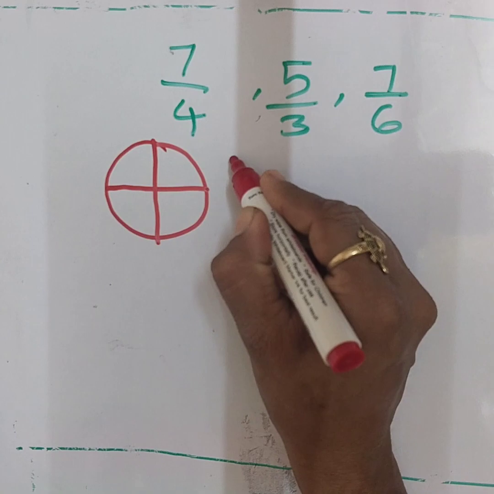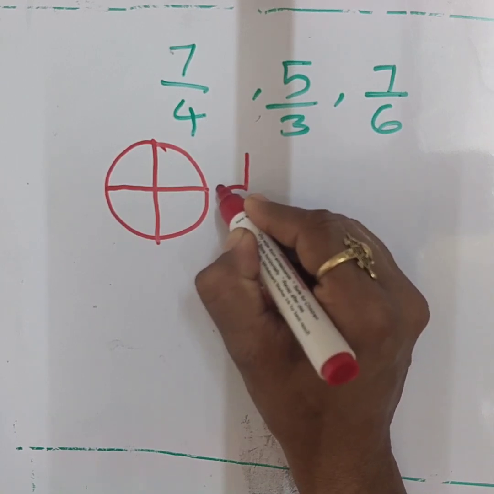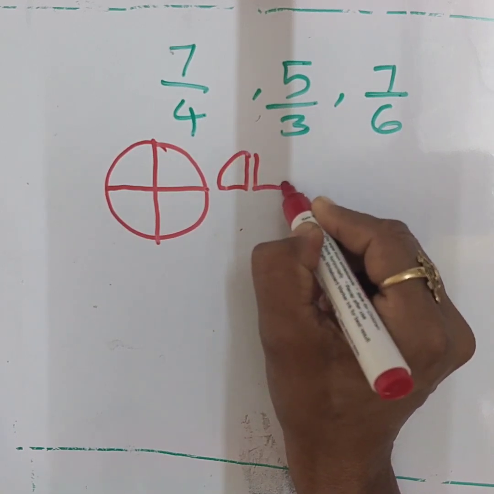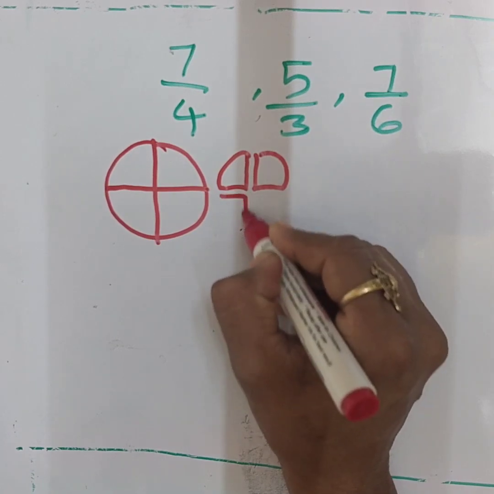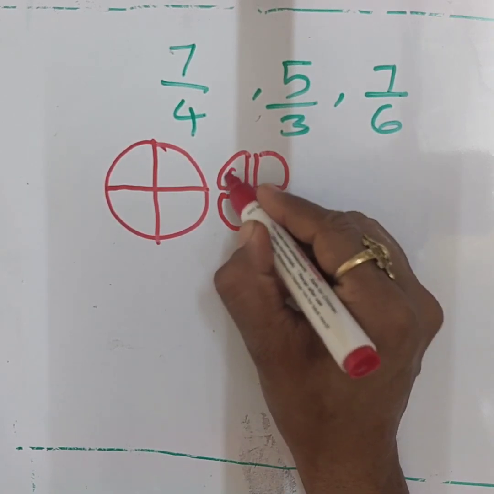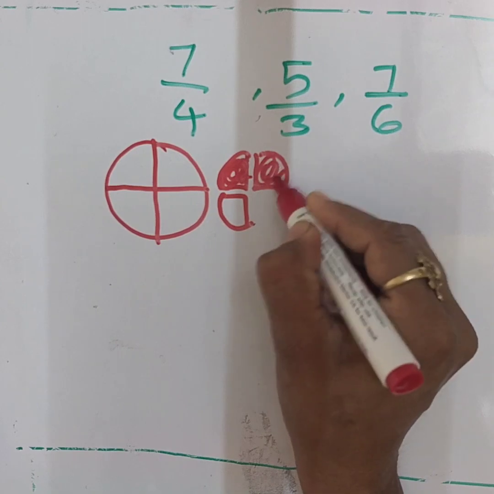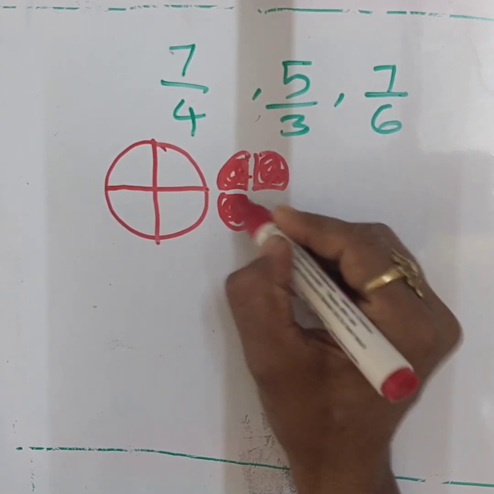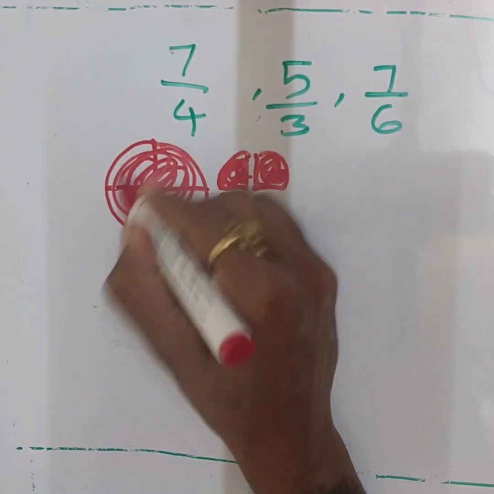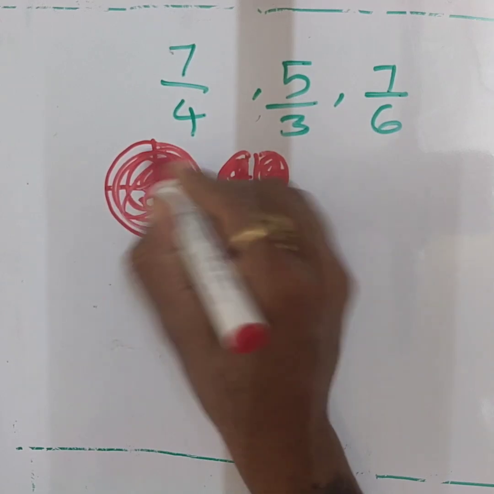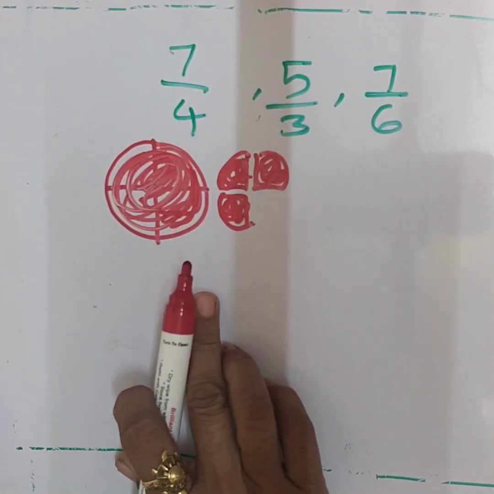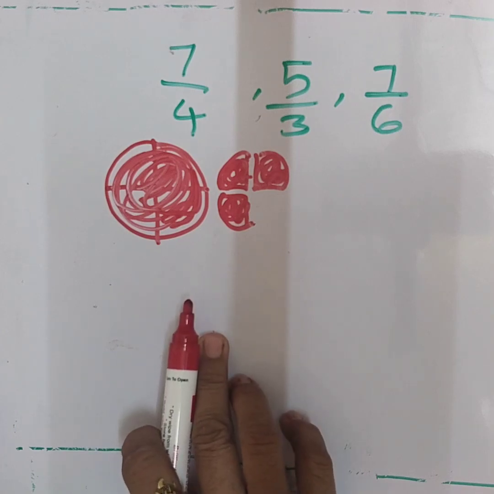So we need 3 more pieces. I am shading all these parts. So this is the pictorial for 7 by 4.